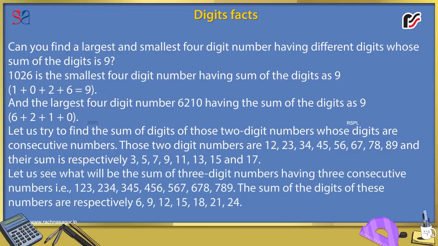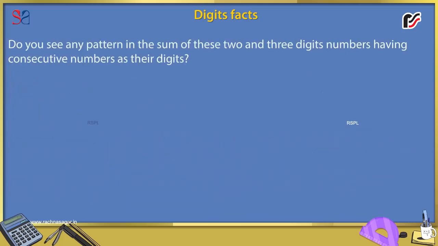Let us see what the sum will be for 3-digit numbers having 3 consecutive digits, that is 123, 234, 345, 456, 567, 678, 789. The sums of the digits of these numbers are respectively 6, 9, 12, 15, 18, 21, 24.